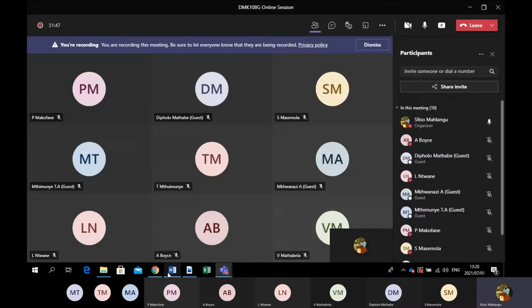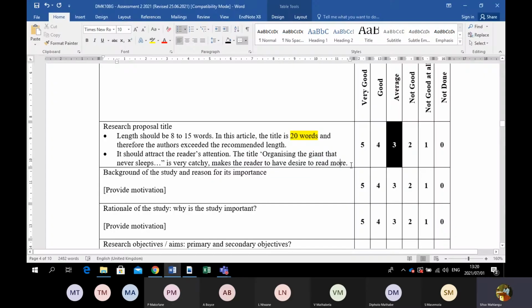So what it actually means here, I'm trying to illustrate the fact that most of the time, and you are lucky because you are actually the second group to be enrolled under this module. Last year, it was the first group that was enrolled. So you will be learning from their mistakes, from the experience I'm sharing with you.